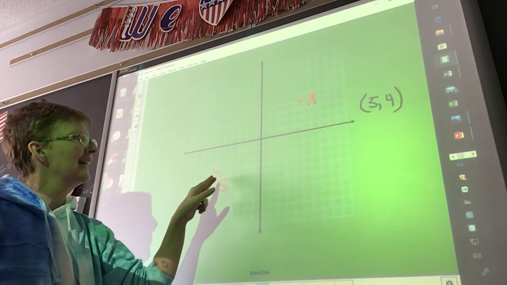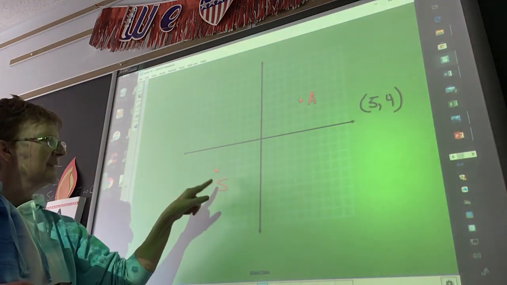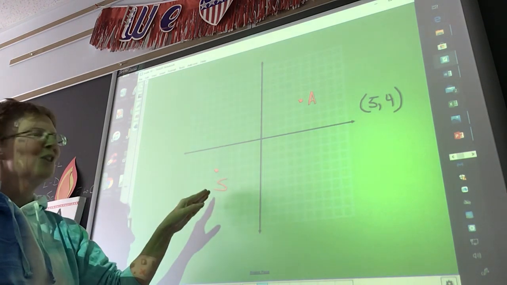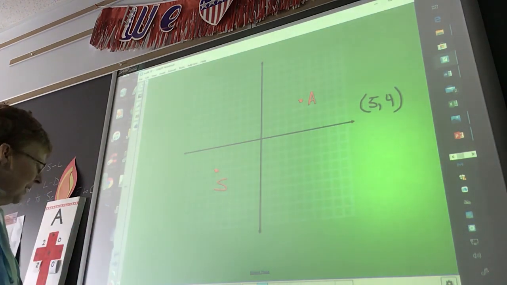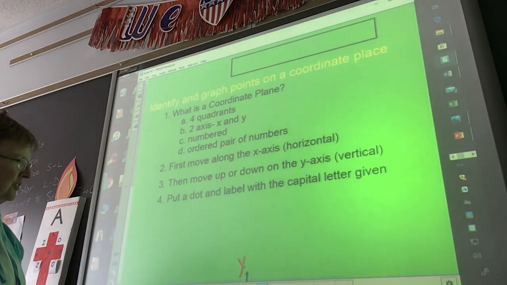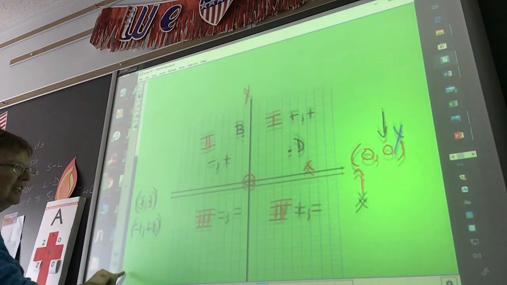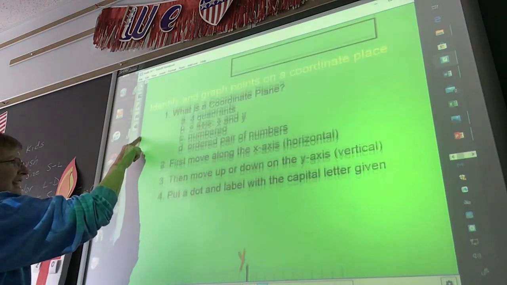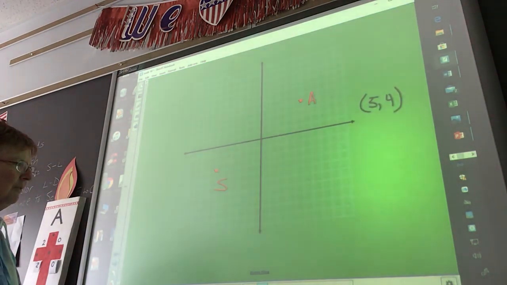Now, if I look at this point S, I know that I'm in the 3rd quadrant, and so from our little cheat sheet over here, I know that I'm going to be negative in quadrant 3. But let's just see if that's what ends up happening when we do this.